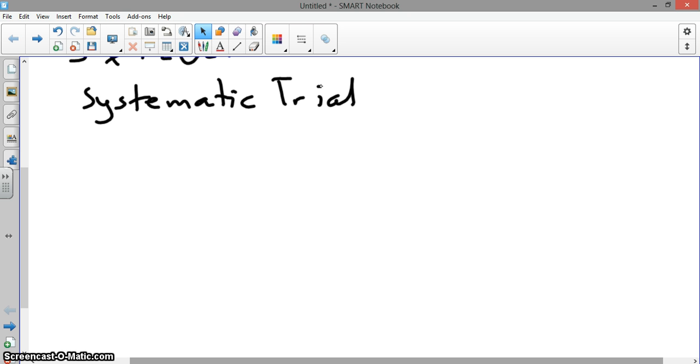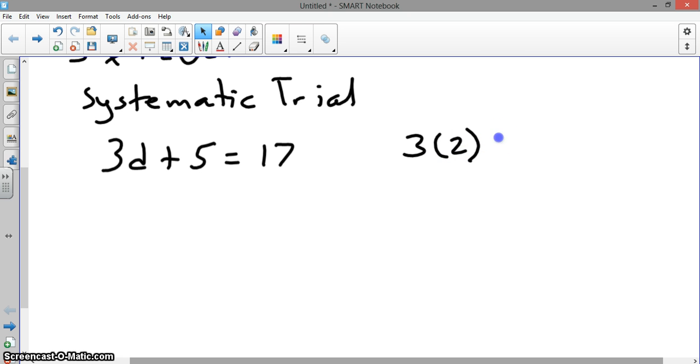So let's take a look here. If we do 3d plus 5 equals 17, we want to find what d equals, so I'm just going to randomly try numbers. I'm going to try 2 first, so 3 times 2 plus 5 equals 17. Well, let's give it a shot and find out. 3 times 2 is 6, plus 5 equals 11.